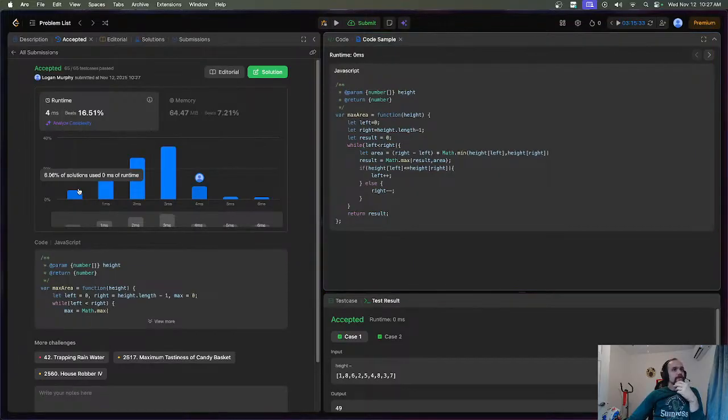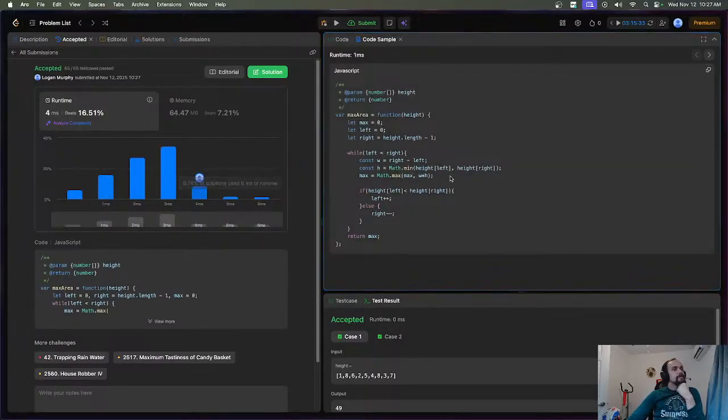Let's look at other solutions. Yeah, the best solution, we have pretty much the same code. The next best solution, same.